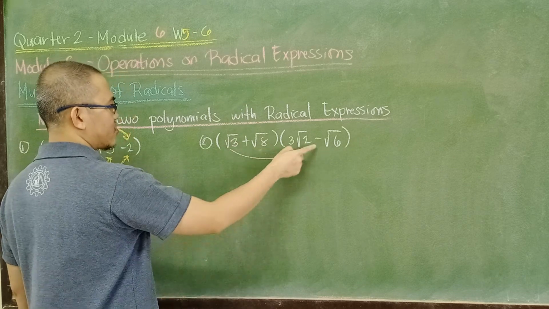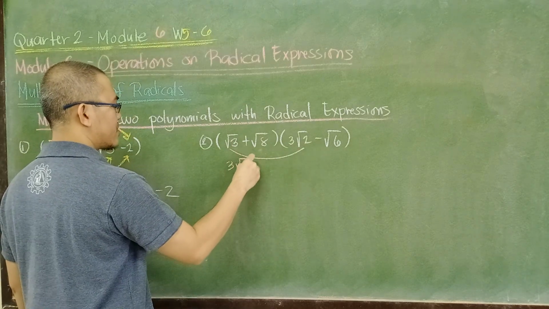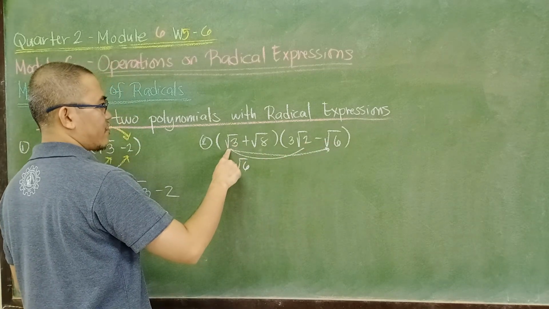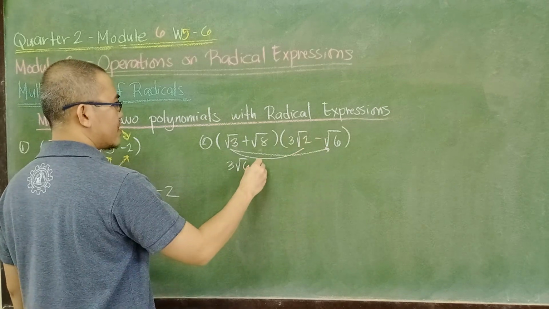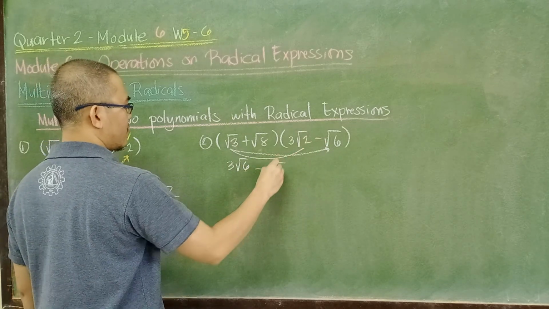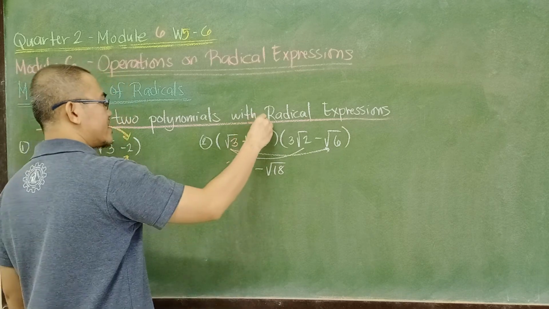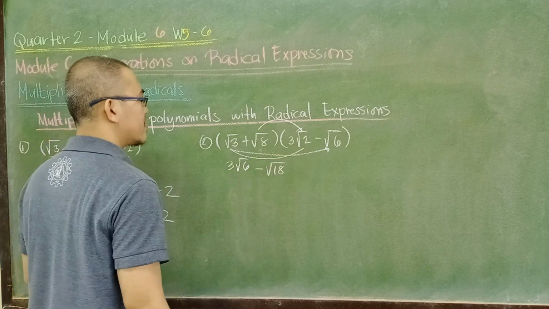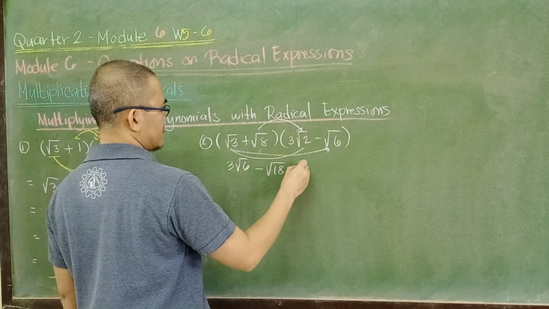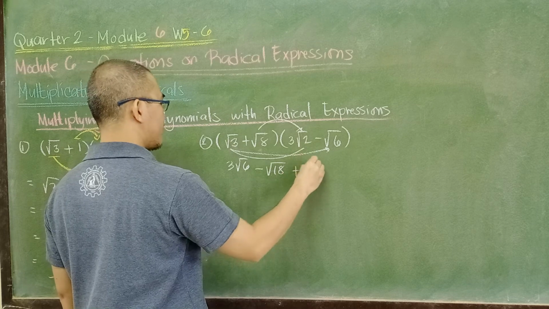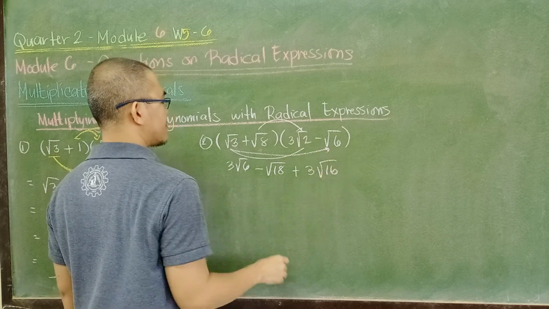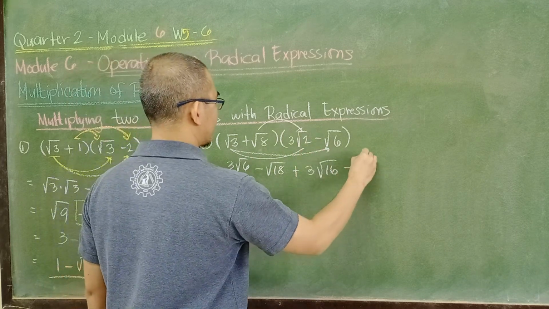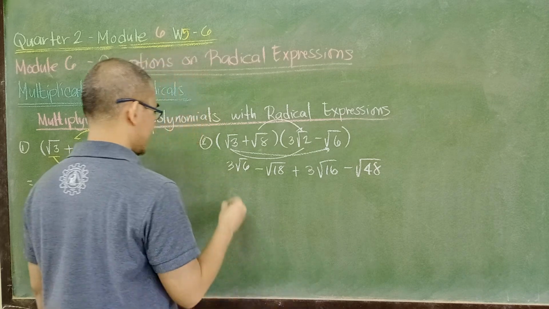Square root of 3 times 3 square root of 2, that is 3 square root of 6. 3 square root of 3 times square root of negative 6, that is negative square root of 18. Square root of 8 times 3 square root of 2, that is positive 3 square root of 16. Square root of 8 times negative square root of 6, that is negative square root of 48.